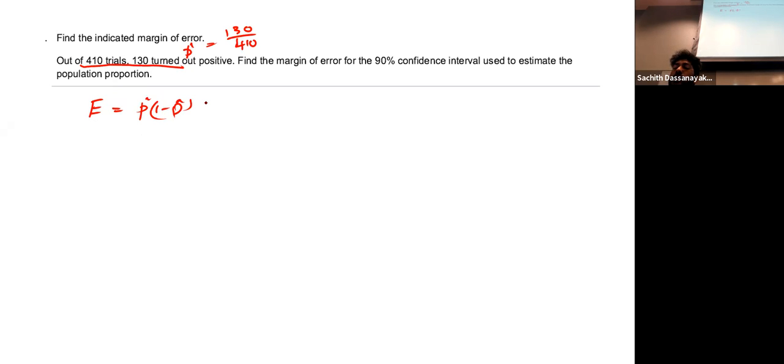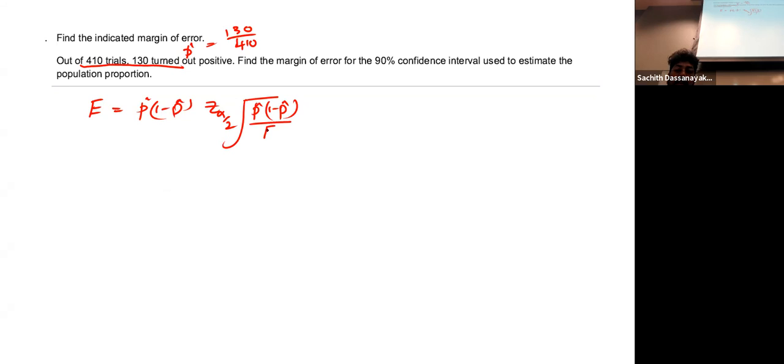Times, this is z test. Z alpha over 2 squared times p hat times 1 minus p hat over E, right? For n. Over n.